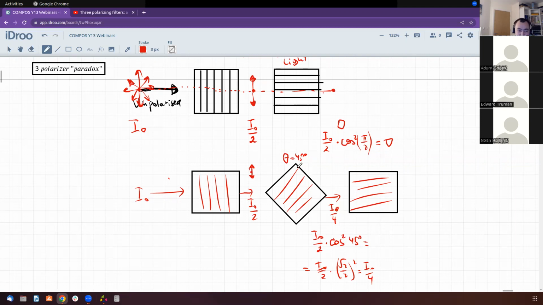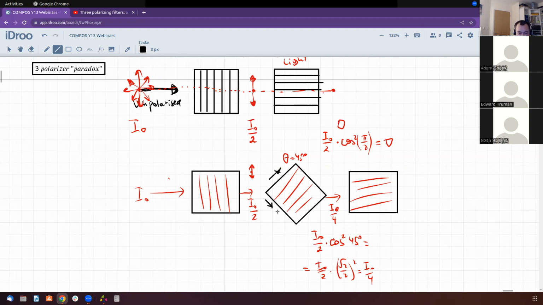So the vertical light can now be split into components in this direction and in this direction.